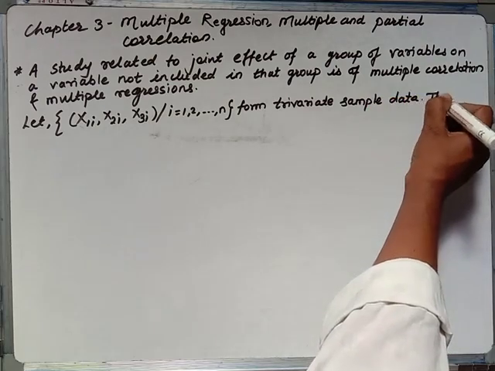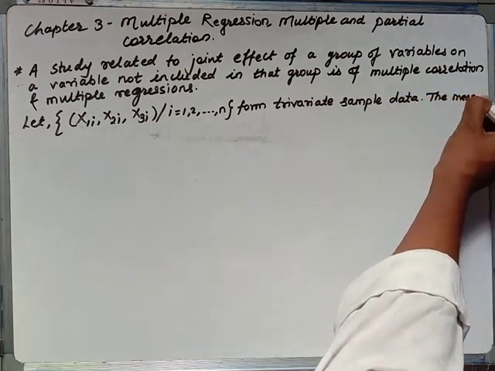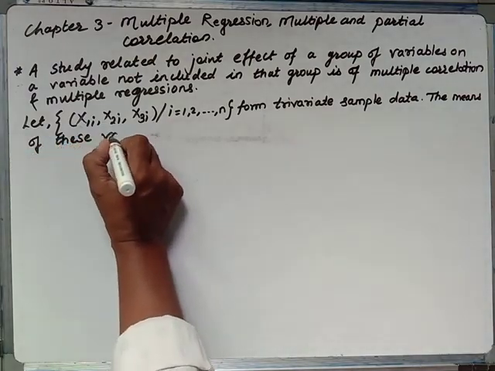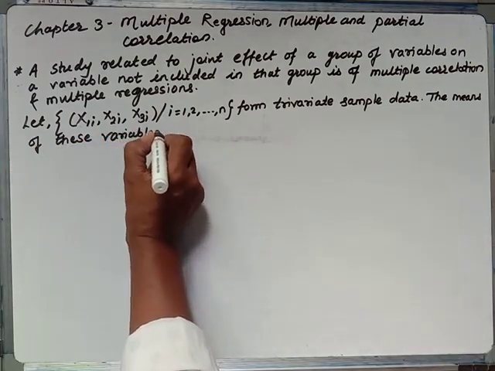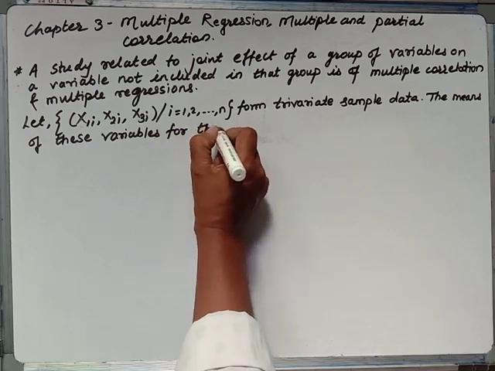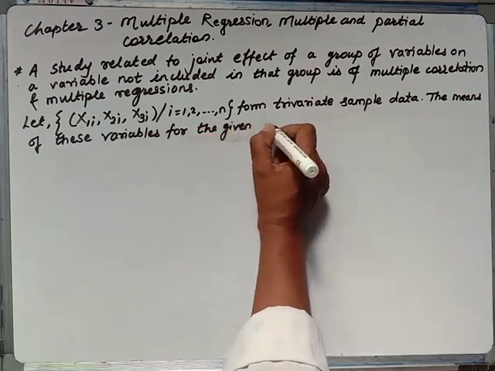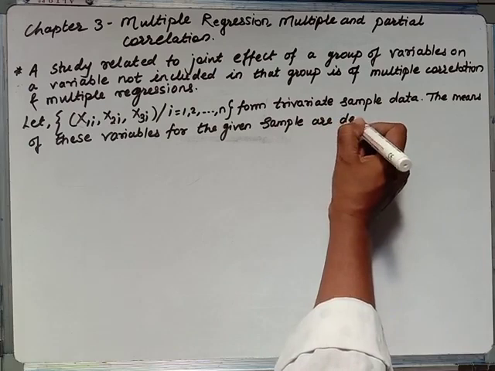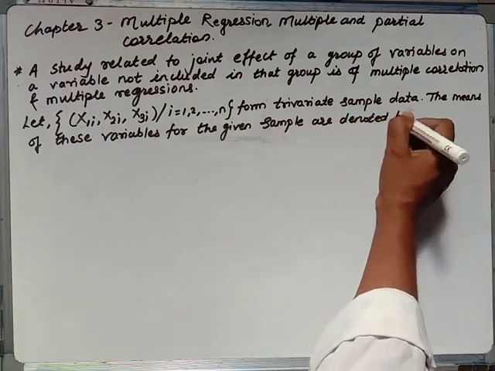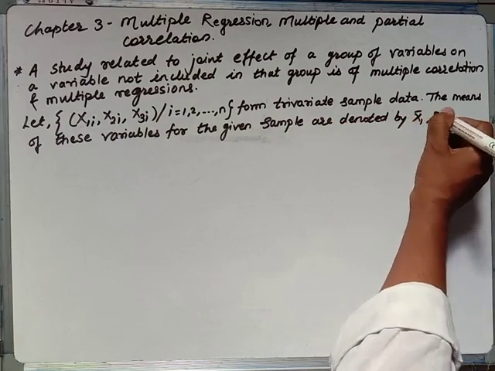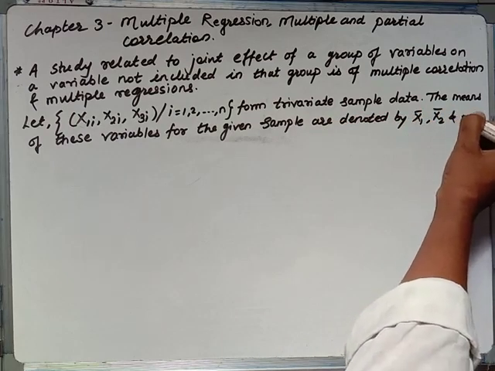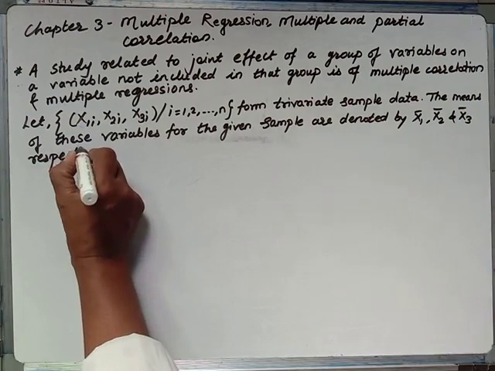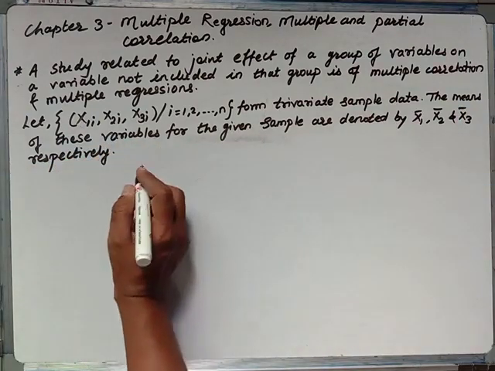The means of these variables for the given sample are denoted by x1 bar, x2 bar and x3 bar respectively, denoted by capital X1 bar, X2 bar, X3 bar respectively.